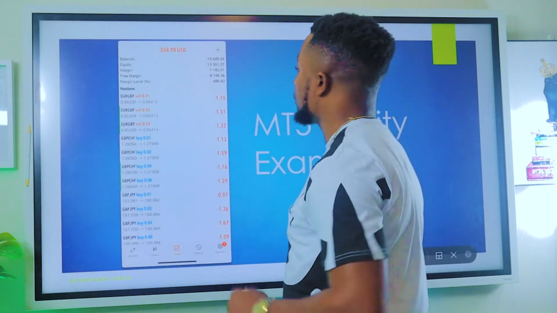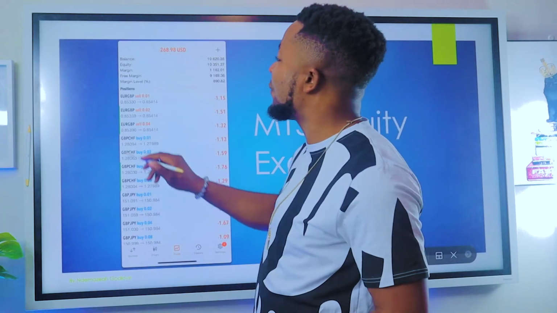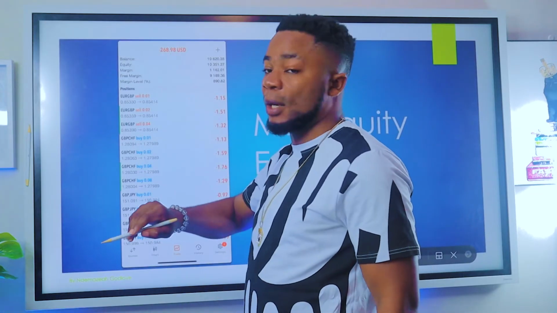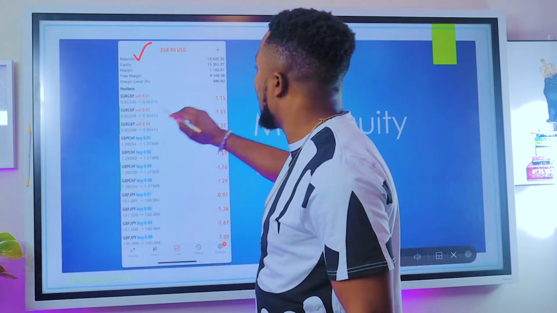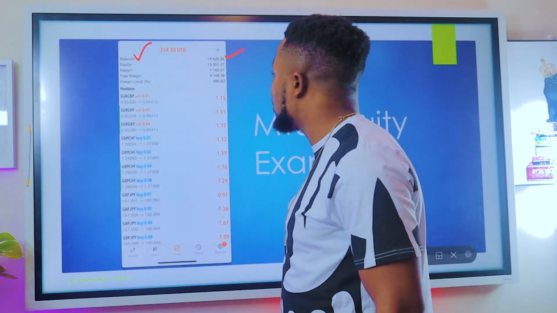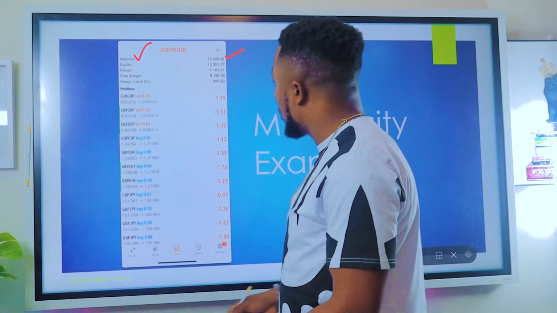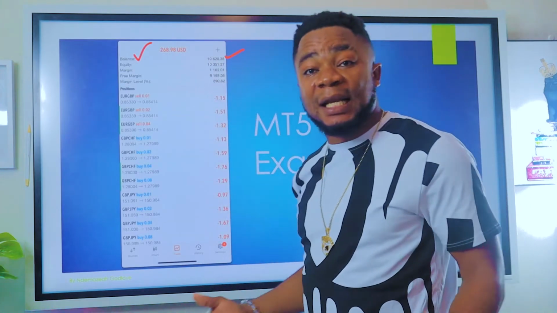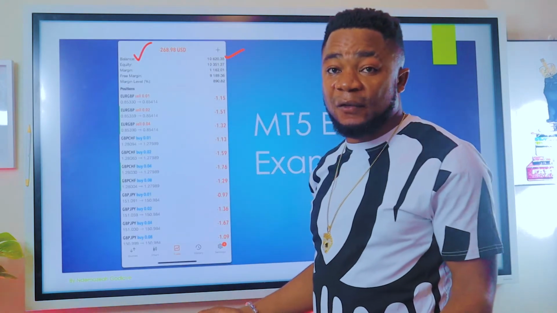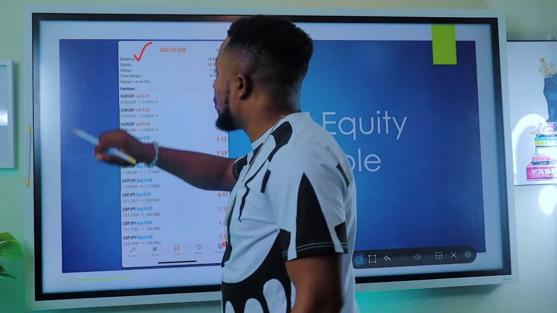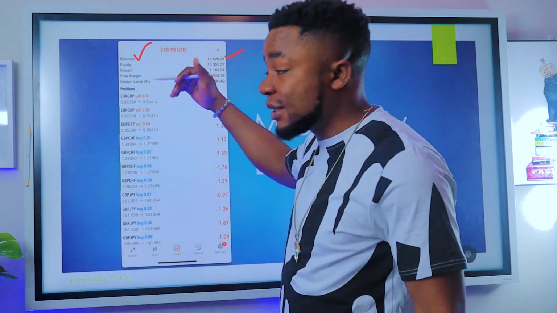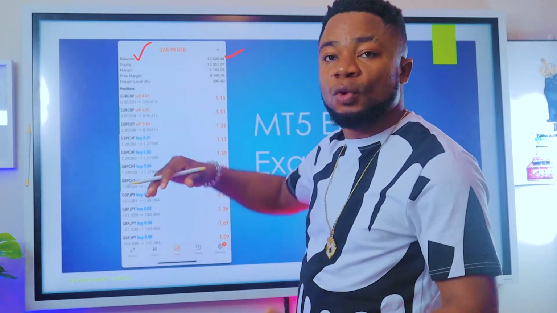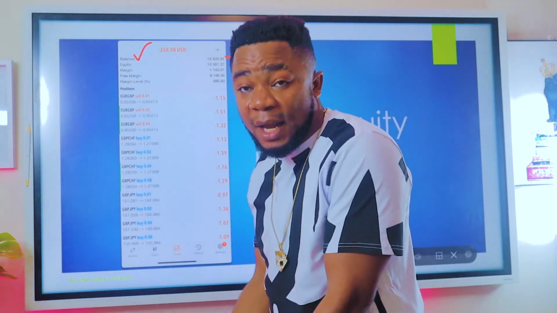The first thing we have here is our balance, and our balance here is $10,620. It represents the amount I deposited. That was the definition of balance, right?